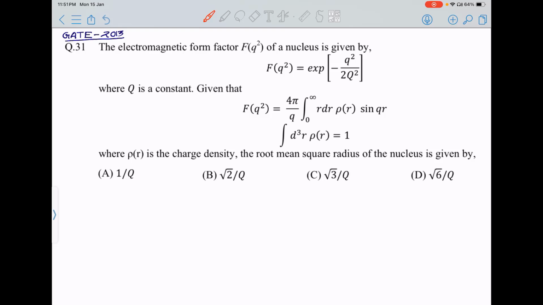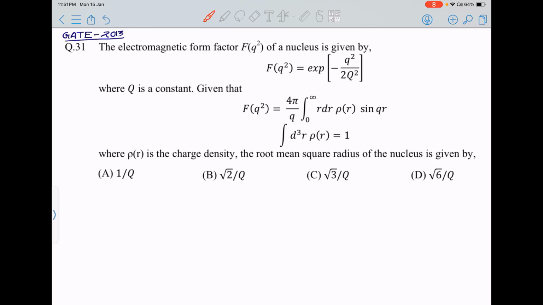The electromagnetic form factor F of q squared of a nucleus is given by F(q²) = exp(−q²/2Q²), where capital Q is a constant, and given that F(q²) = (4π/q) ∫ from 0 to infinity r dr ρ(r) sin(qr), and ∫ d³r ρ(r) = 1, where ρ(r) is the charge density.